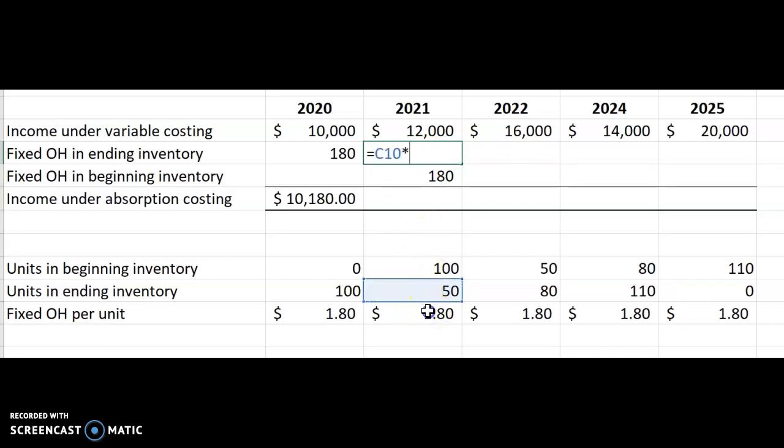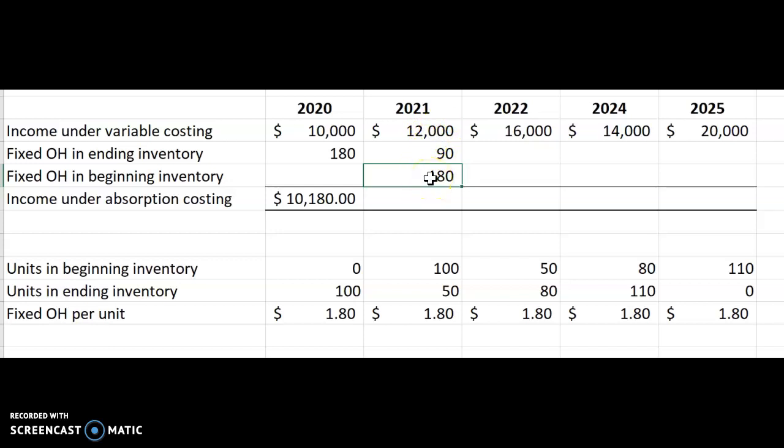At $1.80 fixed overhead per unit, that means there was fixed overhead in ending inventory of 90. Okay. So this 90 in ending inventory was not subtracted under absorption costing. So this would be added to the 12,000 under variable costing.